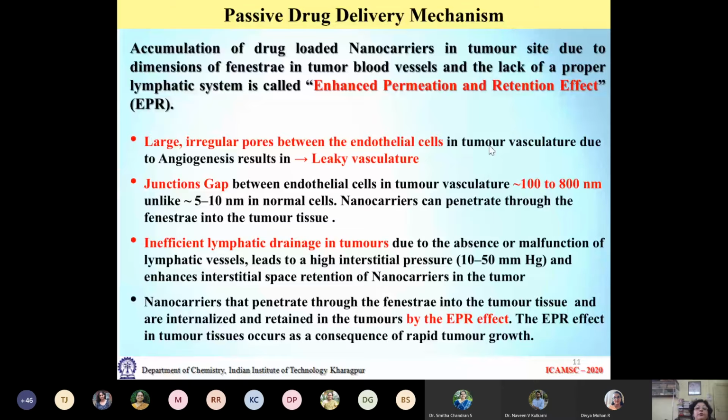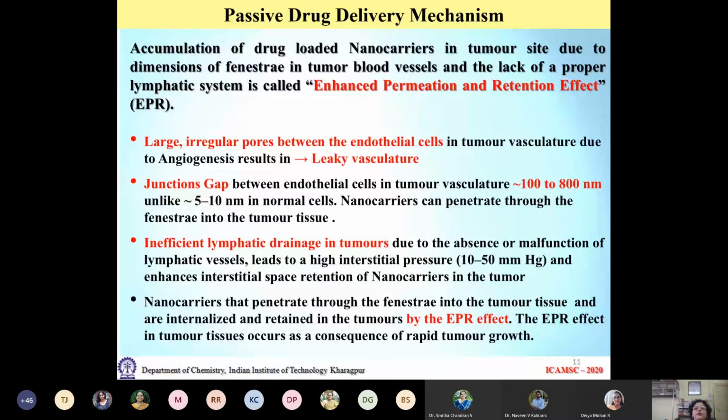Then you have the junctions, which is where two endothelial cells in the tumor vascular site are joined. They have a dimension of, say, around 100 to 800 compared to 1 to 10 in a normal cell. So this nano drug cannot penetrate the normal cell, but it penetrates the tumor cells because of the leaky vasculatures.